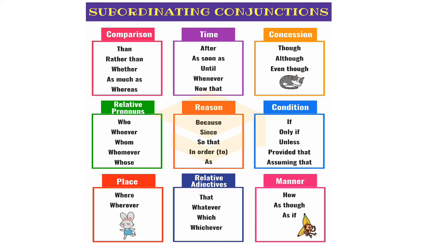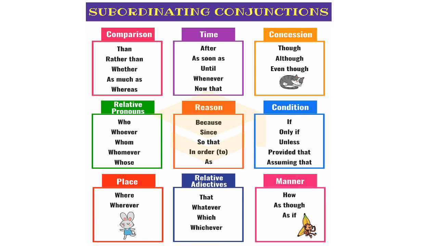When we use subordinating conjunctions for time, we use after, as soon as, until, whenever, now that. Concession: though, although. Then we have relative pronouns: who, whoever, whom, whomever, whose. Reason: because, since, so that.